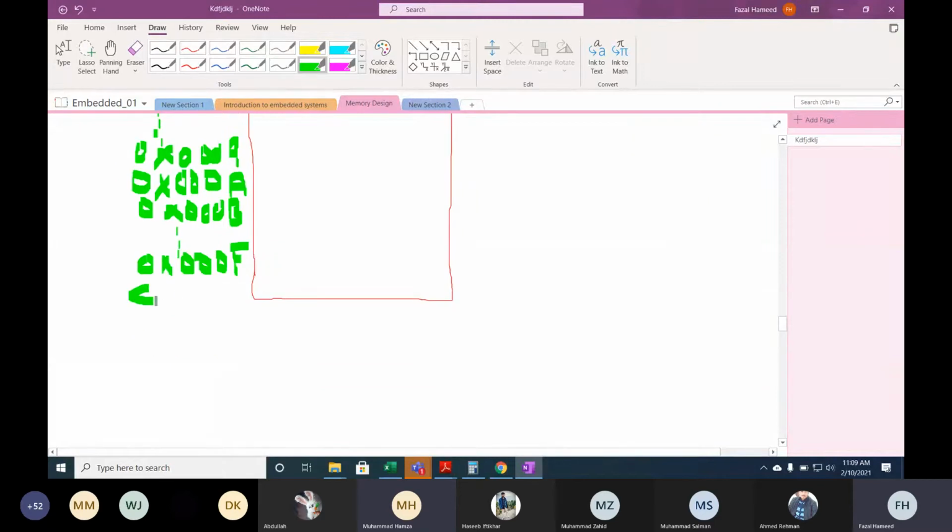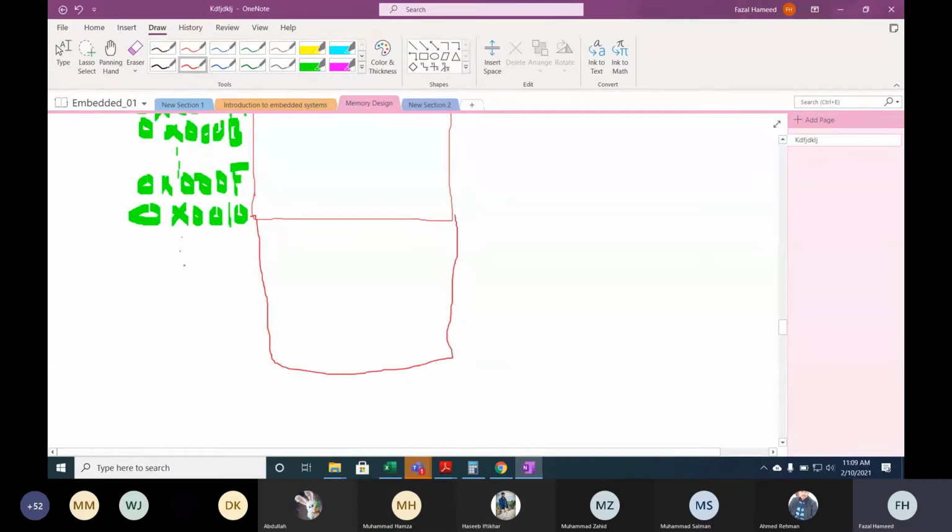Then the next address will be 0x0010, because if we add 1 to F, this is the hexadecimal representation that you studied in your digital logic design. This will go on, and the last address will be 0xFFFF.